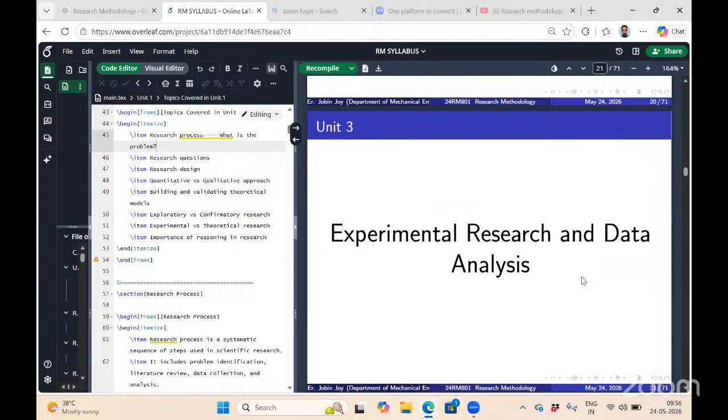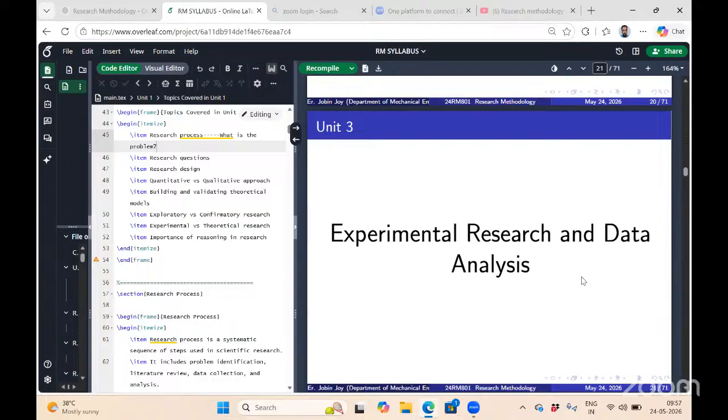For example, artificial intelligence reduces human error. Again, this is a testable prediction. That testable prediction is what is called a hypothesis. For example, smart sensors improve quality, temperature affects strength, or robotics reduces labor cost, etc.